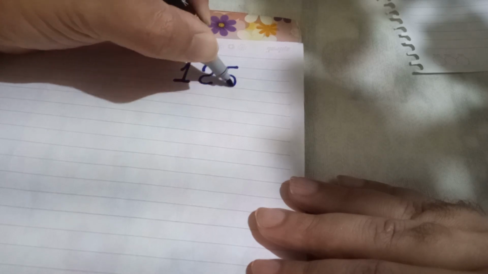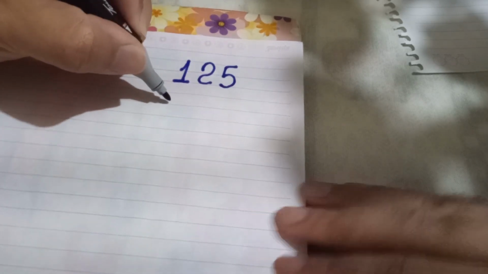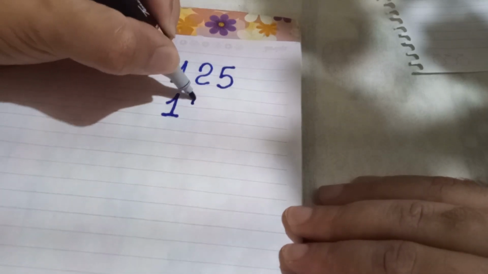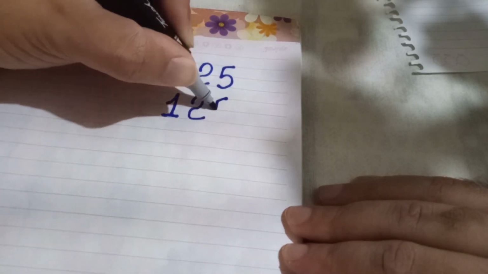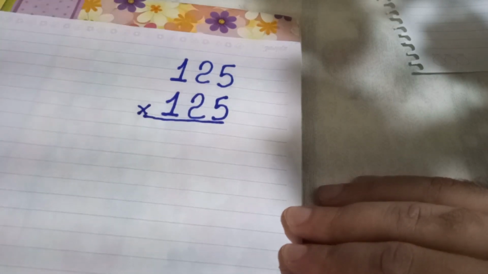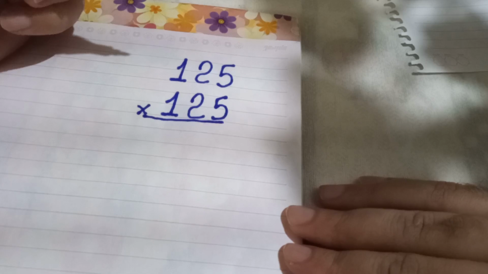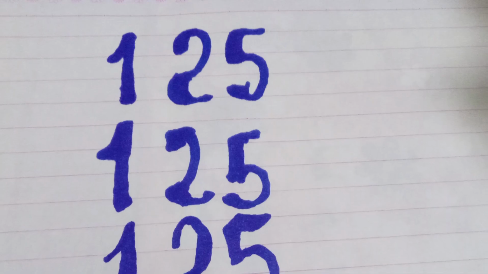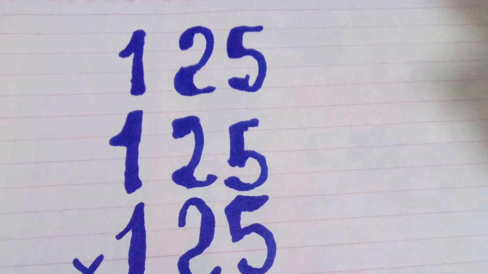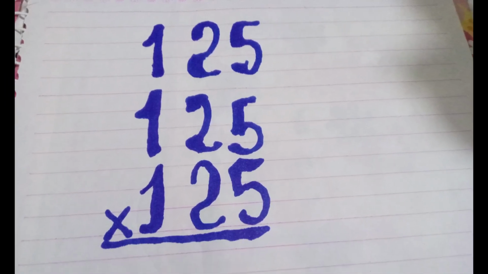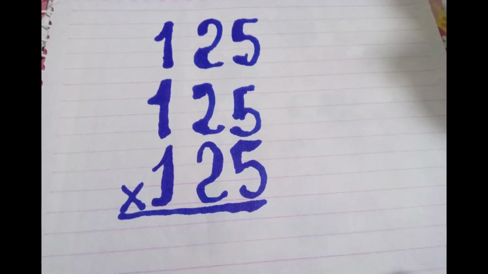As an example, let's cube 125, that is, raised to the third power. Note that this number 125 has 3 digits. The first tip I give is, don't do the whole calculation at once, which would be 125 times 125 times 125.